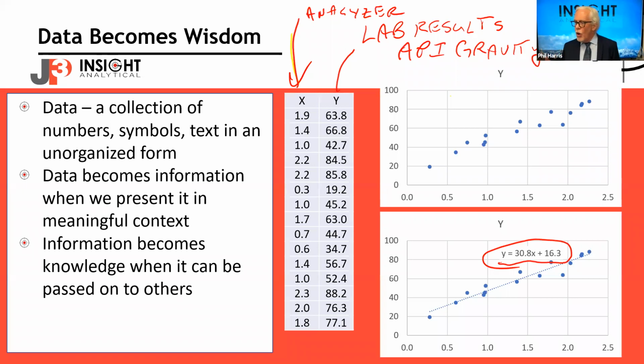I now know that if my analyzer is reading any number, like let's say it's reading 1.0, I take that 1.0, multiply it by 30.8, and add 16.3 to it, and that's telling me what the API gravity is. This is knowledge I could pass on to somebody else. Whatever that analyzer is reading right now, this is how you figure out what your API gravity is. So I've gone from data to information to knowledge.